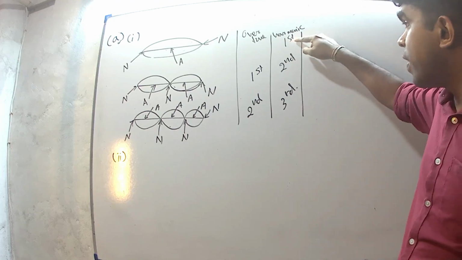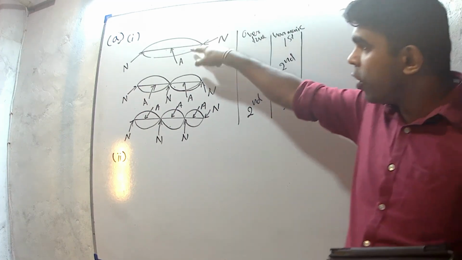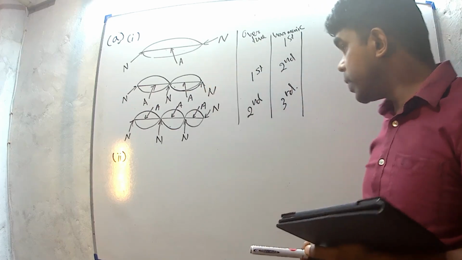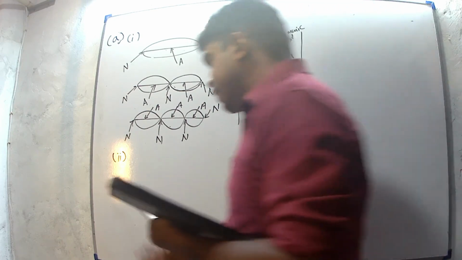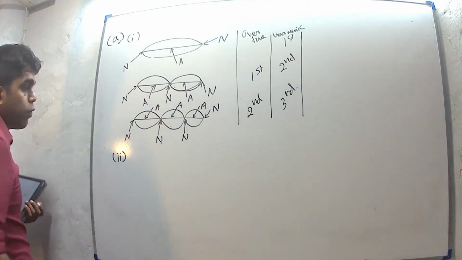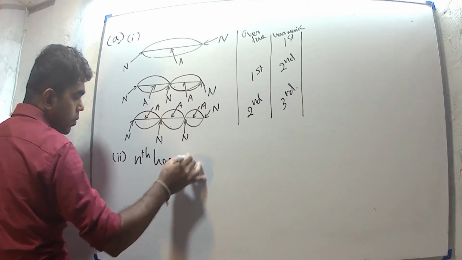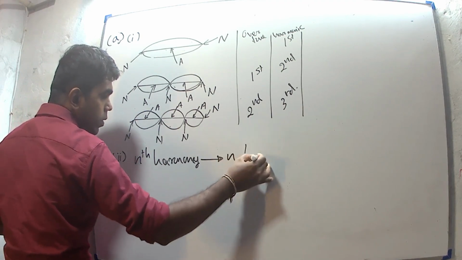When considering the first harmonic, there is only one loop. For the second harmonic, there are two loops. Third harmonic, there are three loops. Then for the nth harmonic, there are n loops.